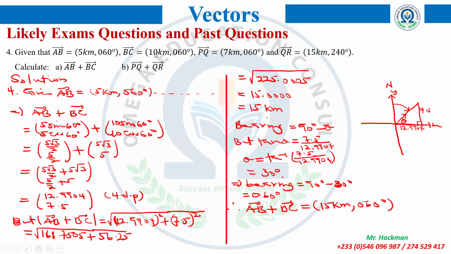The only vectors that you can directly add or even subtract in magnitude bearing form are those whose bearing angles are the same. So in this case, the bearing angles are the same, so if I sum, the result will also have the same bearing angle, but the distance will be the sum of the two distances. And you can see that that was the situation.